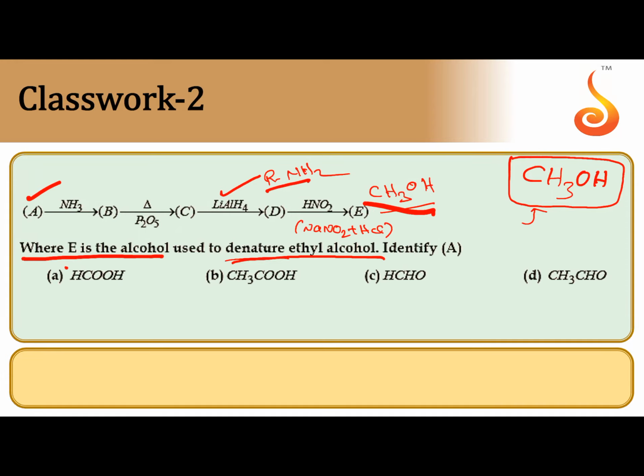If you get methyl alcohol, that is the answer. Otherwise, go for option B, then option C, and if 3 are not giving methyl alcohol, then the correct answer is D.